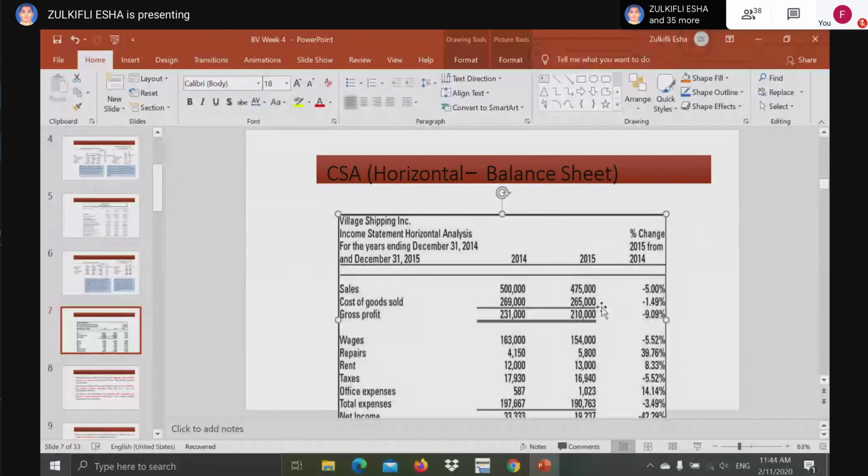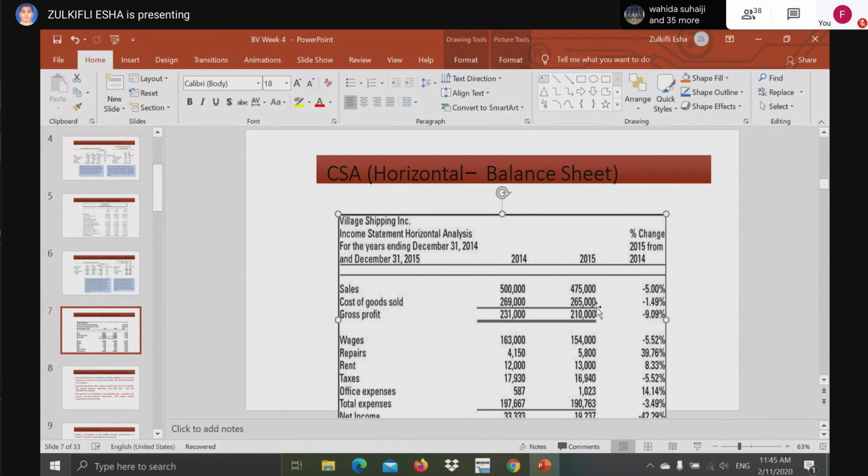The decrease from 2014 to 2015 shows a positive movement because you managed to reduce. But in terms of sales, it is a negative sign because by right, you should increase your sales and try to decrease the cost of goods sold.